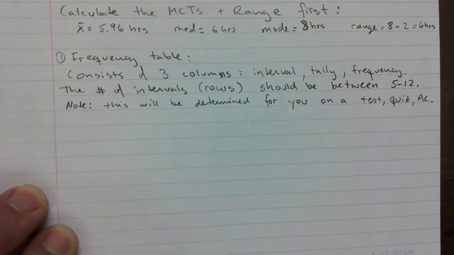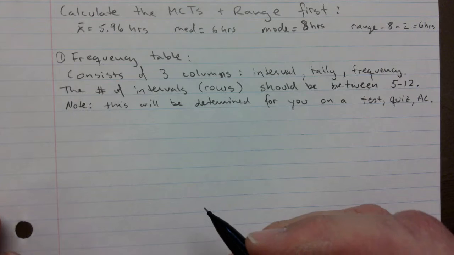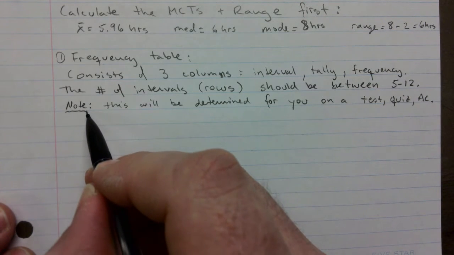So when I assign homework, they may not tell you how many columns you should be using or how many intervals you should have. But on an AC or on a test, I tell you, right? I'll say use 6 intervals, like that's basically what I will do. Okay, so that's the little note there.